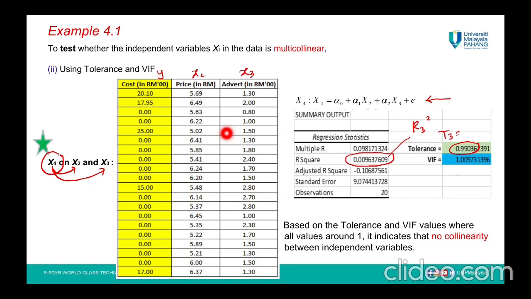To calculate VIF, which equals 1 over T3, we get 1.0097 at 4 decimal places. Based on the tolerance and VIF values here, all the values are around 1. This indicates that no collinearity exists between the independent variables.